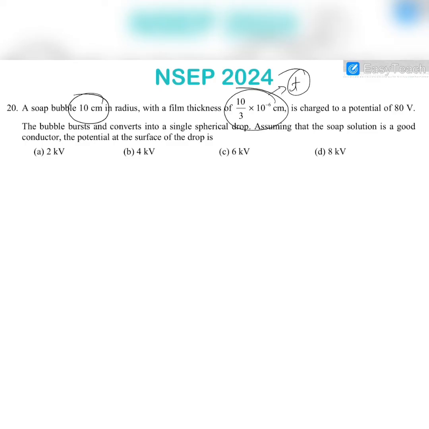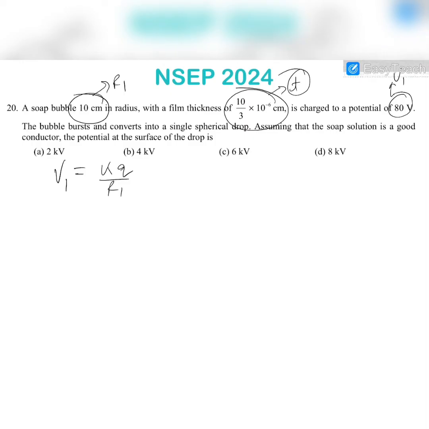Now we know that this is R1. Let us suppose that this is R1, and the potential V1 will be equal to KQ by R1.